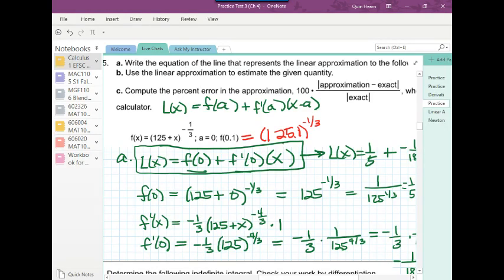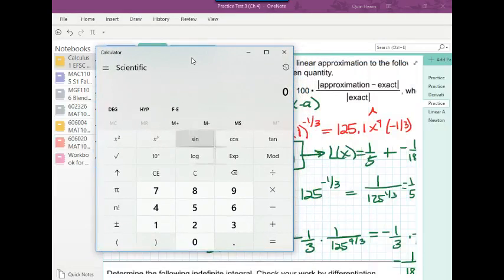And then part C, they want us to compute the percent error in the approximation, which is 100 times the approximation minus the exact over the exact. So we're going to find the exact value of f of 0.1 using our calculator, plugging into the actual function, and we'll see how close we got, basically.